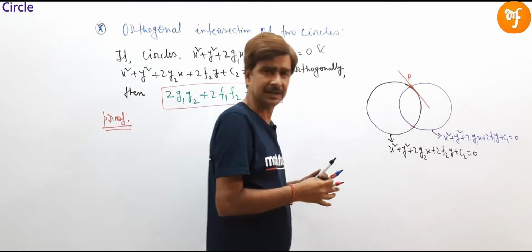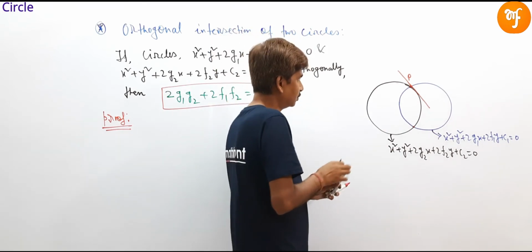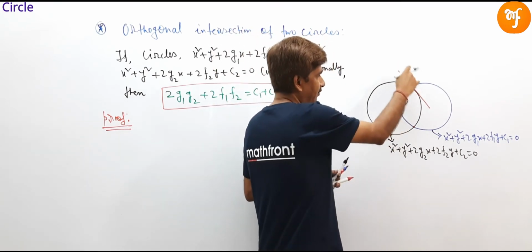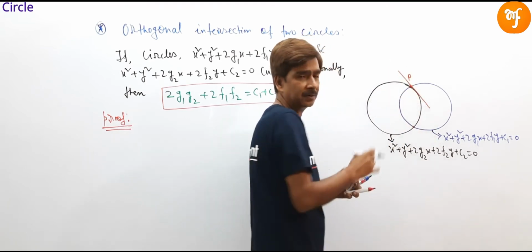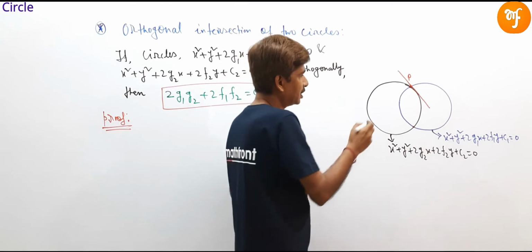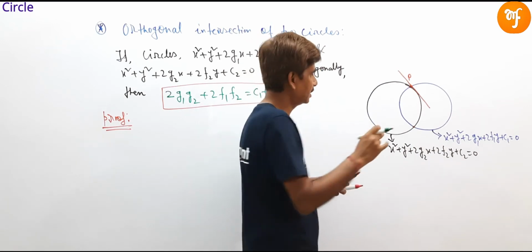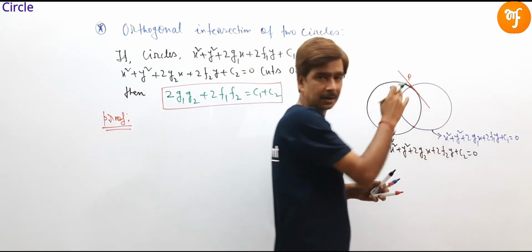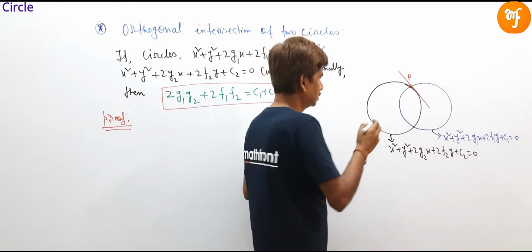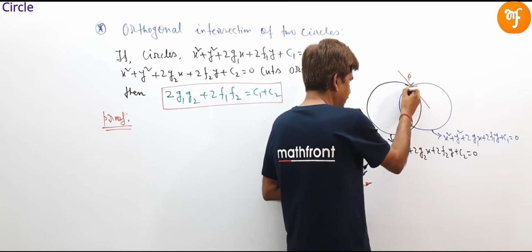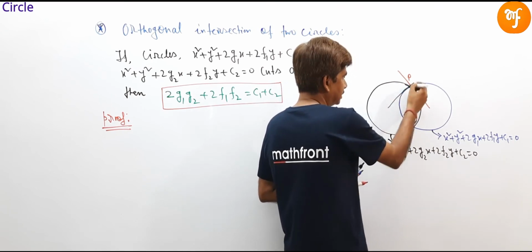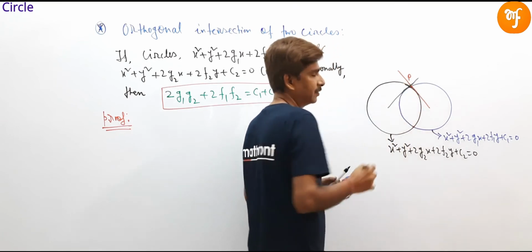So draw another tangent to this circle. That is, first we draw this red color tangent to this black circle at the point of intersection P. Now we are drawing the green color tangent to this blue circle at the point of intersection. So look, this is another tangent at this point of intersection.